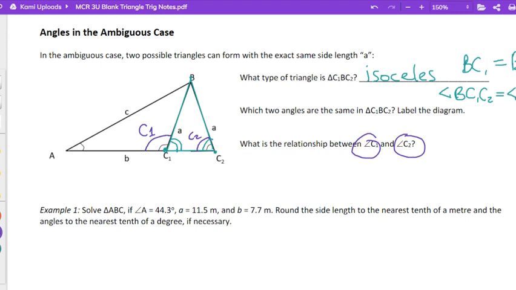So if I just look at this bit, what can you tell me about these 2 angles? They add up to 180. Okay, so we know that they're going to add up to 180. So just to make our life easier, let's call this little angle P.